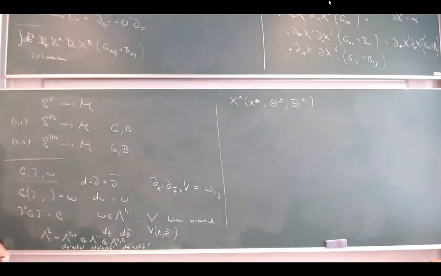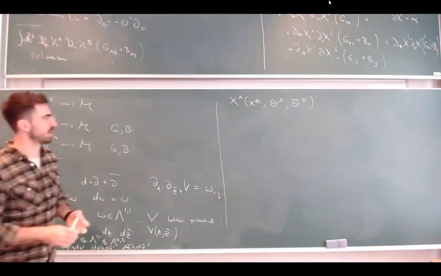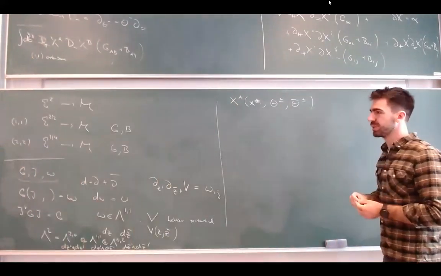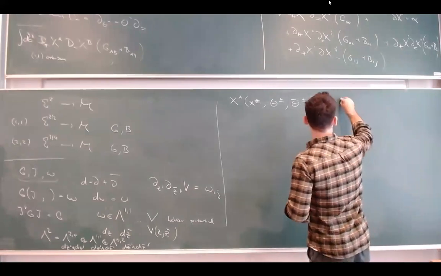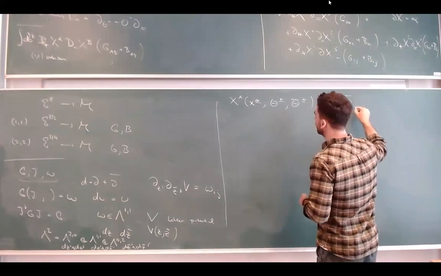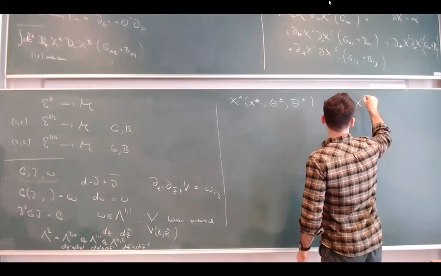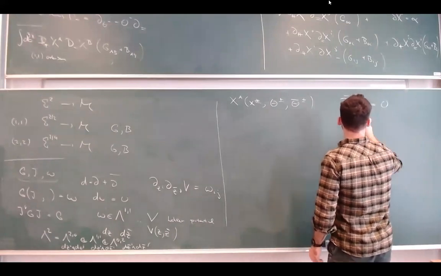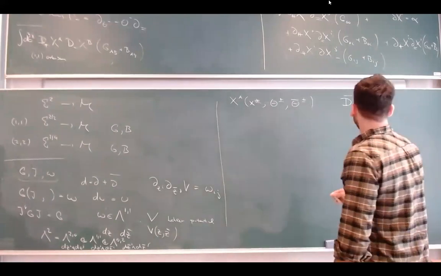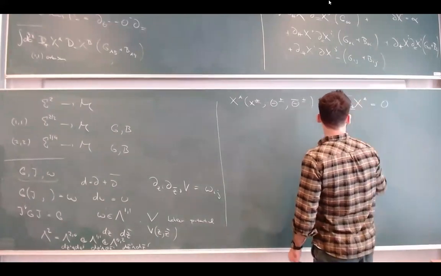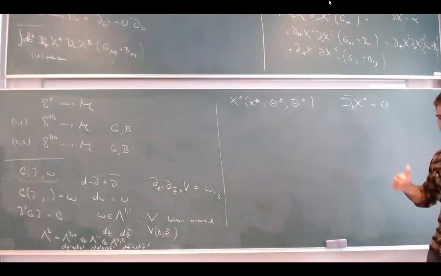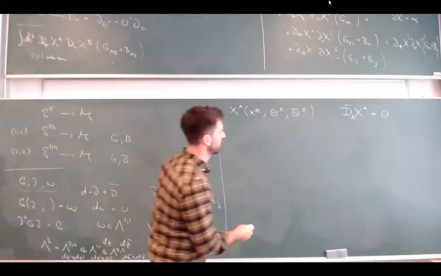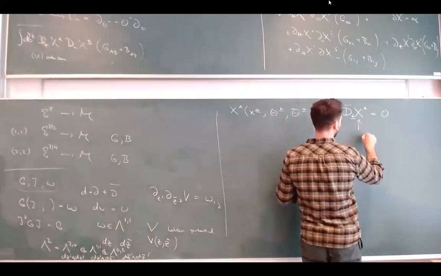That's a lot of components, and for that reason I need to cut it down by some constraints, and those constraints are called chiral constraints. So I will require that D bar kills my X like that. These are the fields that we call chiral superfields.